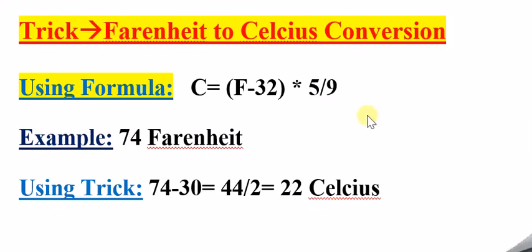This is one trick you can use sometimes if you want to guess an answer. Otherwise it is recommended to use the formula itself, C equals (F minus 32) into 5 by 9, which you already know, I guess. So that's all about this trick.